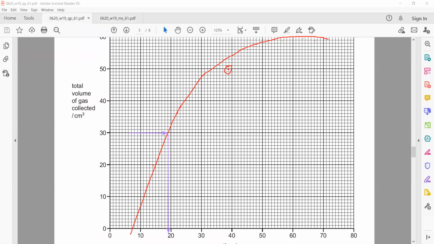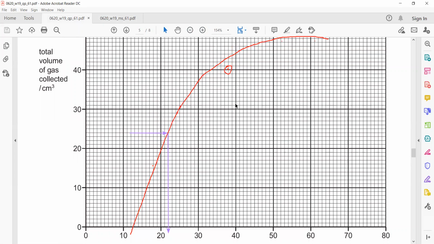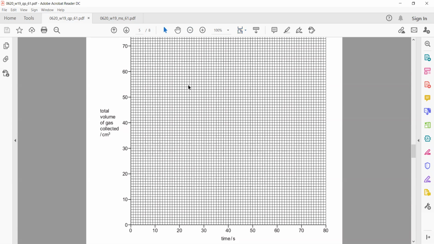So what we will do, as we know, this will be the graph. The shape of the graph, for example, this was the graph which we obtained.